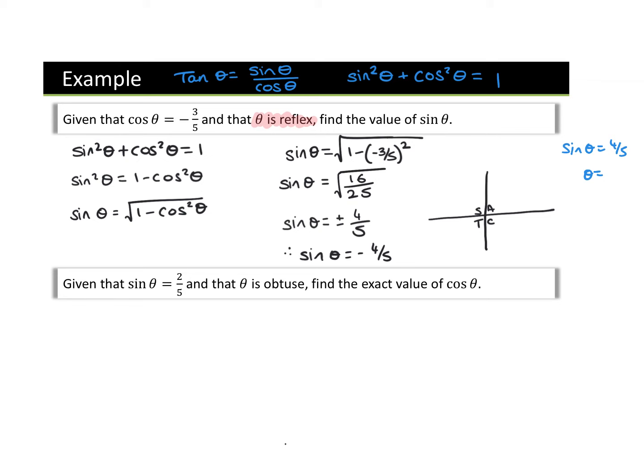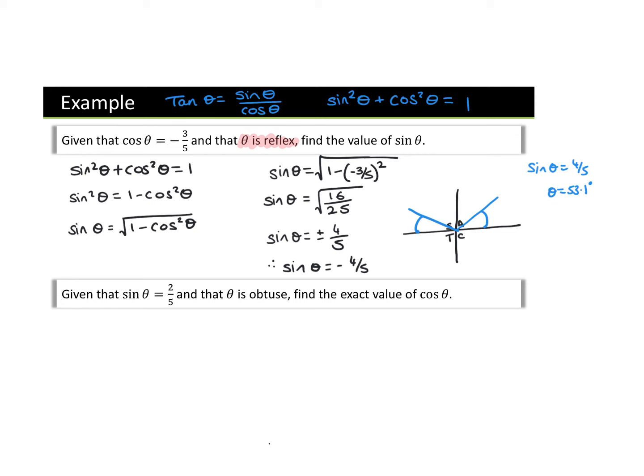Inverse sine of 4 over 5? 53.1 degrees. Okay, so we know that's here, roughly. Now we know with sine we reflect. So here's going to be our next one, which is 180 minus 53.1, which is 126.9.